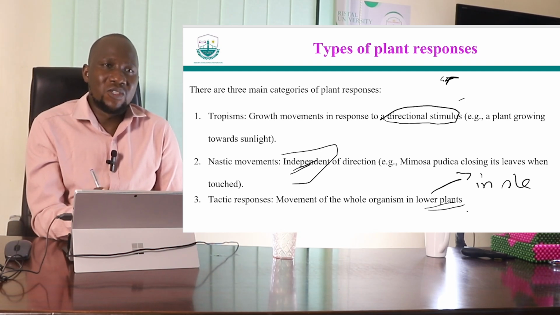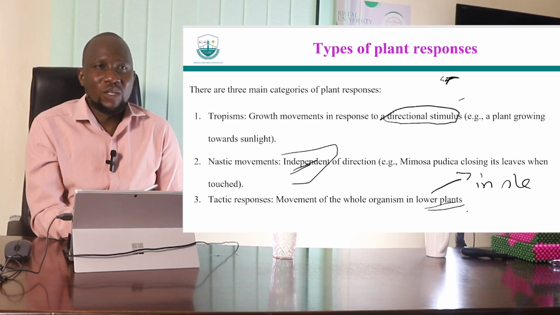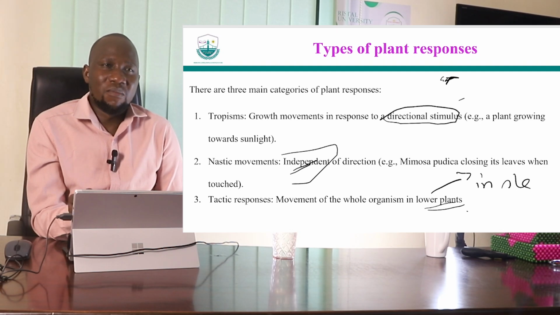Okay, and this one is seen in lower animals and plants. And when we say lower plants, we are basically referring to plants that are not very advanced. We can use the word simple to illustrate that.